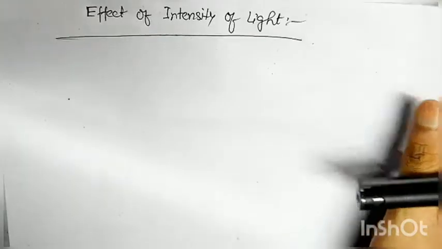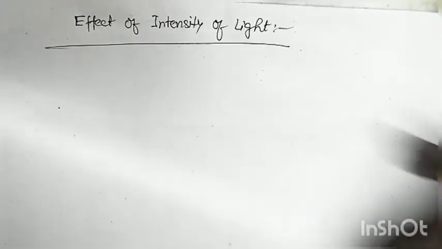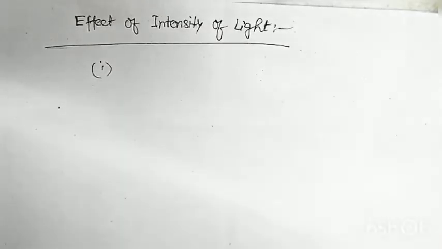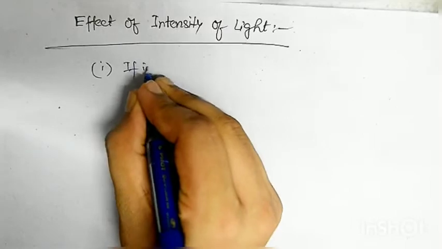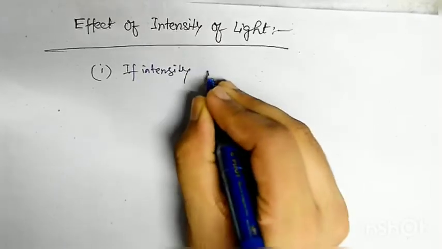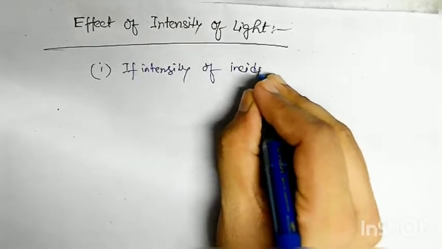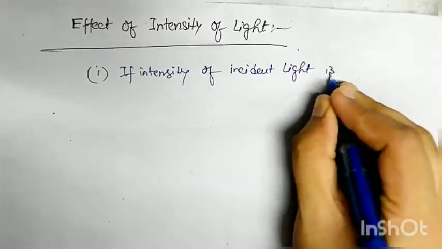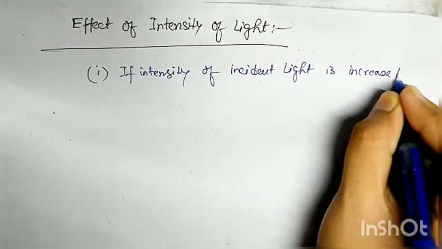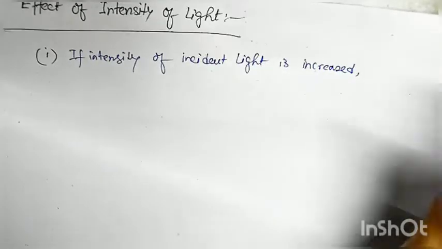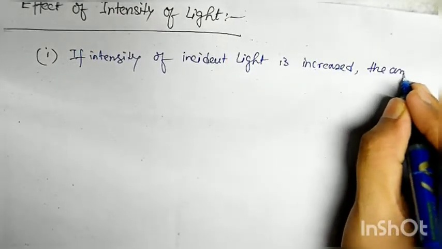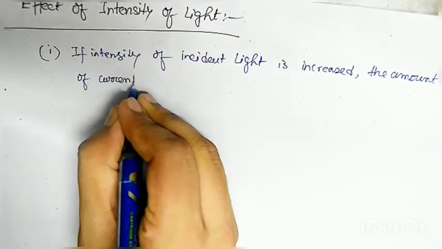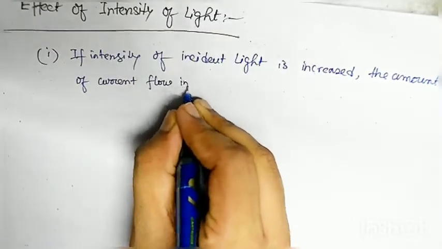Clear? See, first of all, Hertz and Leonard found out that if they increase the value of intensity, if intensity of incident light is increased, the amount of current flow increases.